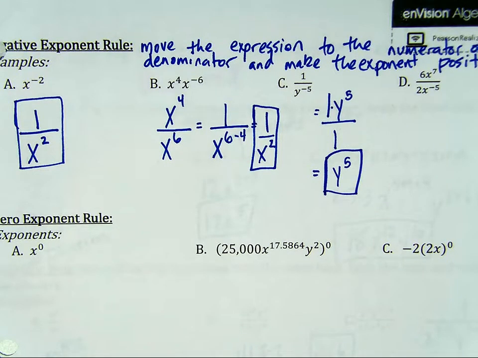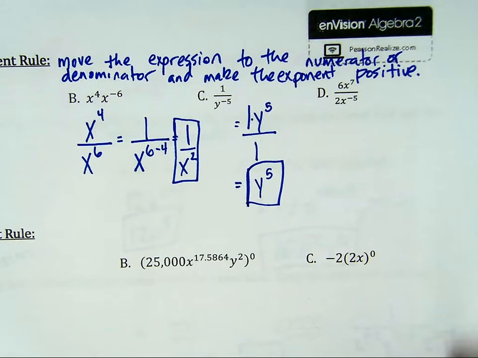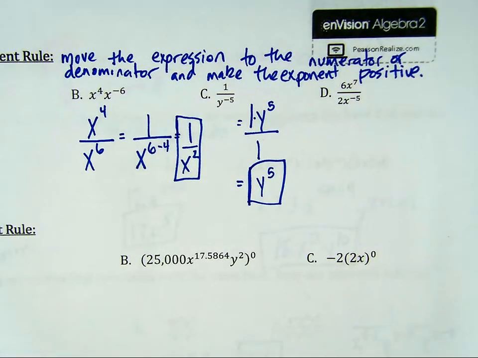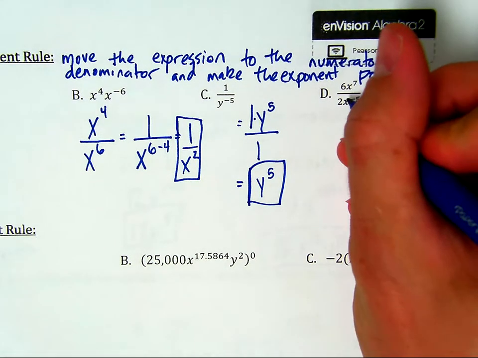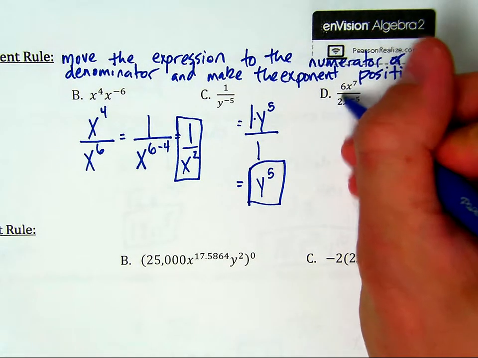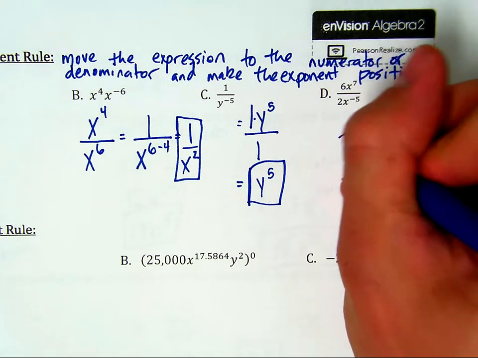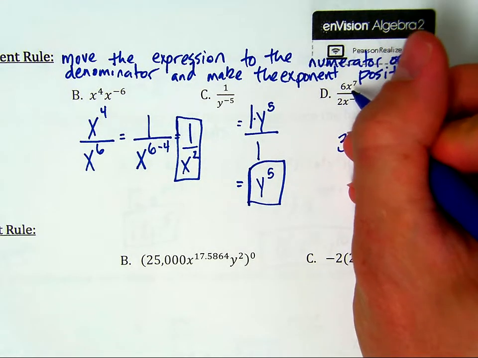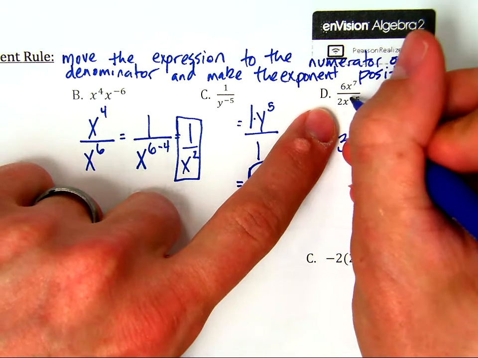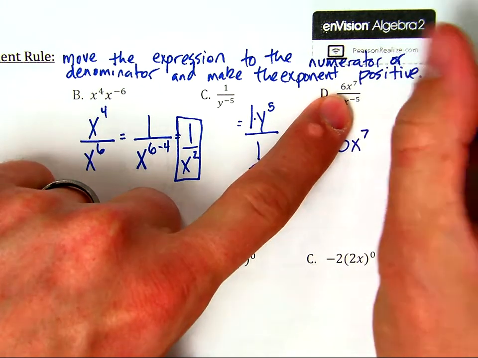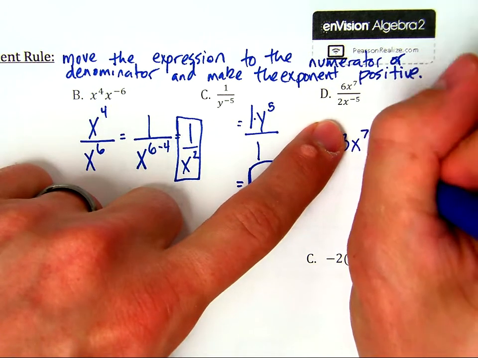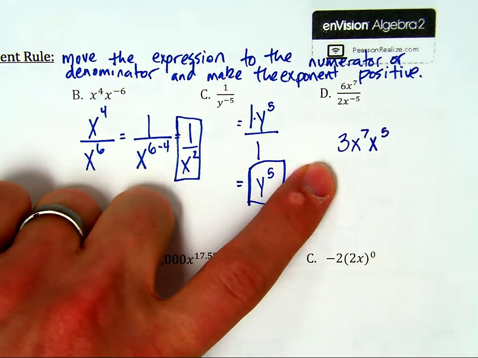All right. Last example with the negative exponent rule. Okay, so here, there's a couple different ways that we can do this. But if you initially just want to get rid of the negative exponent, what we can do is first, I'm going to divide the coefficients. So 6 divided by 2 is 3. Then, if you want to take that negative exponent and move it up top, we already have an x to the 7th, so when I move the x to the 5th up, we have x to the 5th.